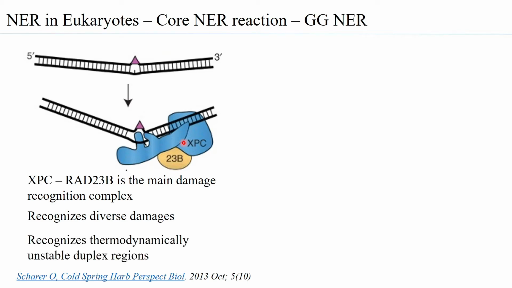What is important to note is that these regions where there are damages are recognized by the XPC RAD23B because at these damaged sites, the duplex is unstable. It is thermodynamically unstable. So how is the XPC23B recognizing the damaged region?